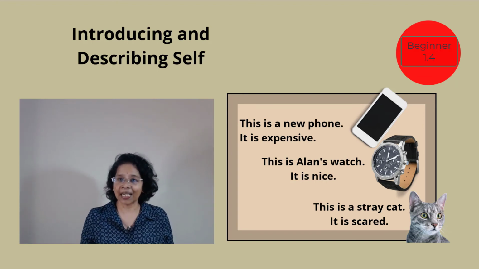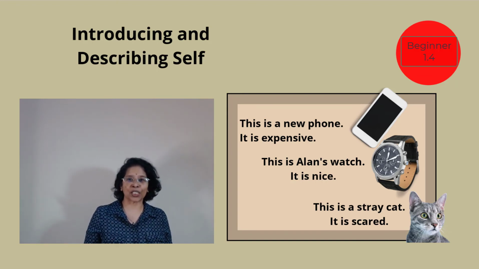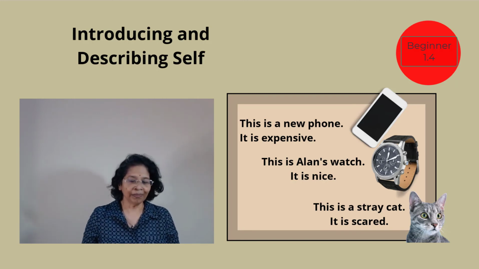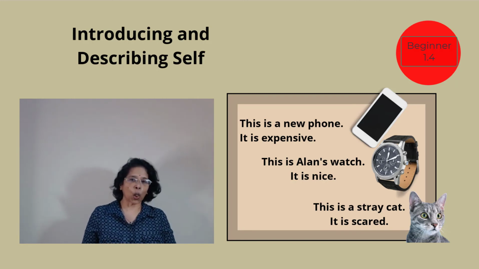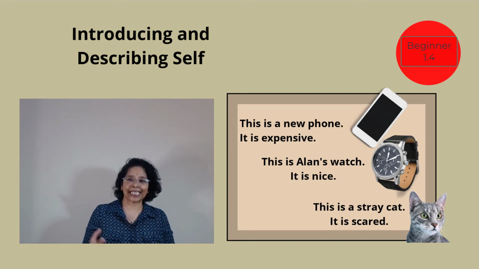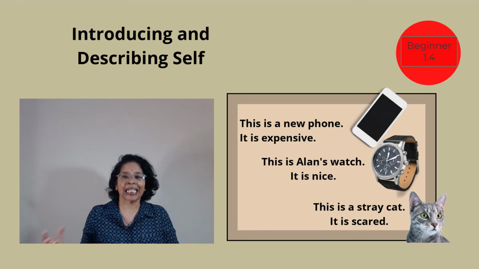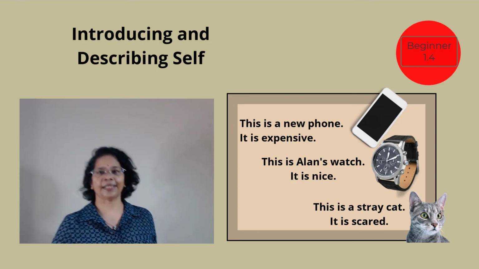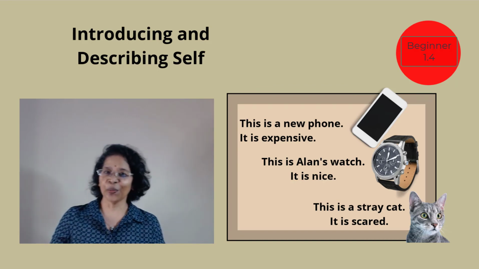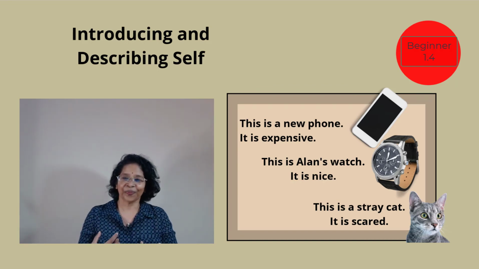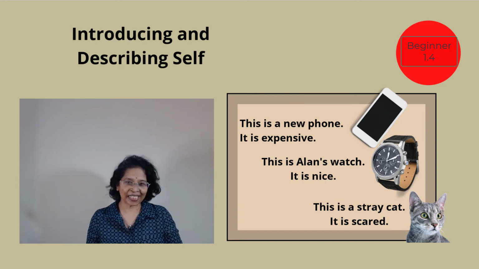It is nice. This is a stray cat. When an animal does not have an owner, we call it a stray. So this is a stray cat. It is scared. So we are done with describing ourselves and others.